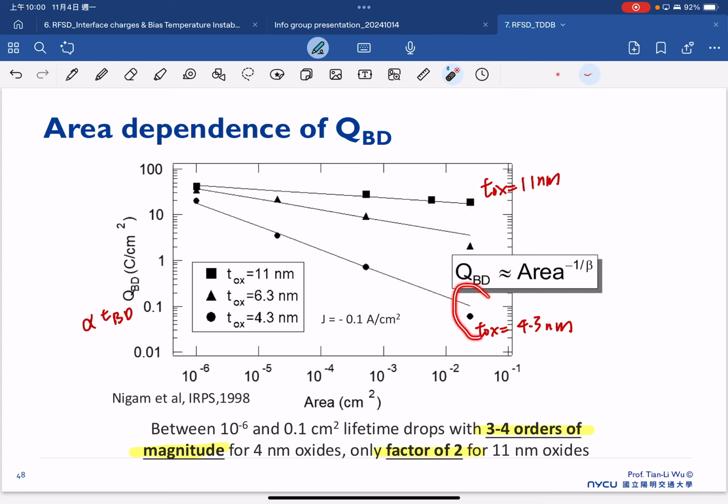But if we fabricate a big device with a thinner dielectric, we have a huge decrease of our lifetime. So this is also another evidence and another warning that if we keep working only on the oxide, silicon dioxide, and try to do the scaling, we always face a lot of reliability issues, especially related to the time-dependent dielectric breakdown.